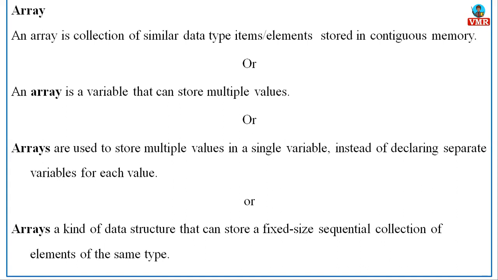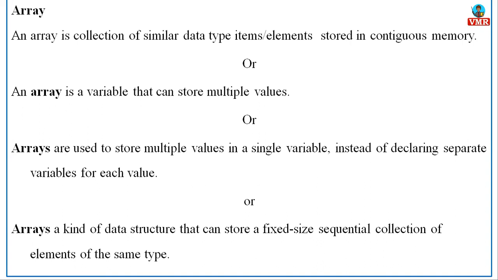That is the reason you describe an array as a collection of similar data type elements or items, and it is in contiguous memory. That is, everything will be allocated one after the other, in a single row. That is nothing but contiguous memory.